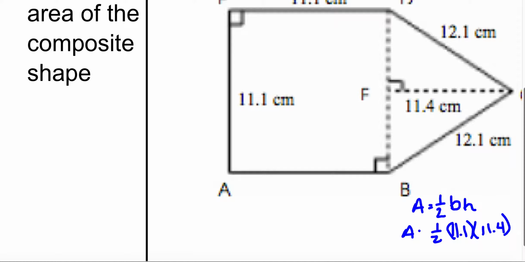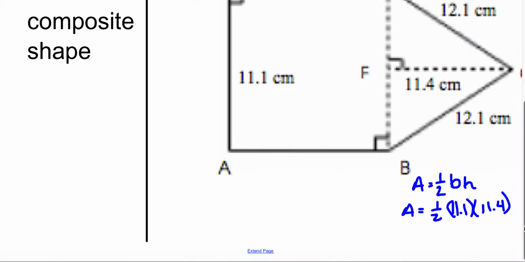Okay? Then I also have this 1/2 out here. So I'm going to take all of that, multiply it all together, and I get 63.27. That is just the triangle portion. Now I need to go back to the square portion here and find its area, which would be 11.1 times 11.1. I need to verify, but I'm pretty sure it was a square. Yep.